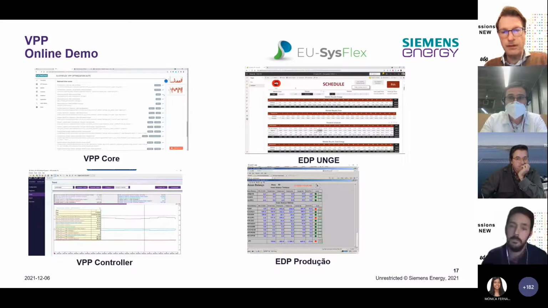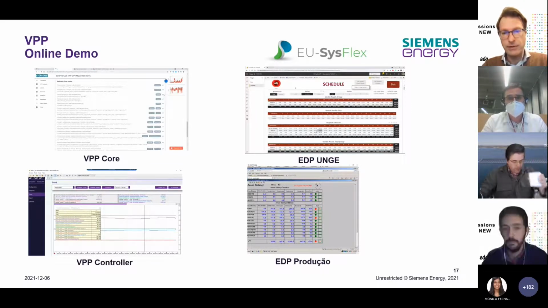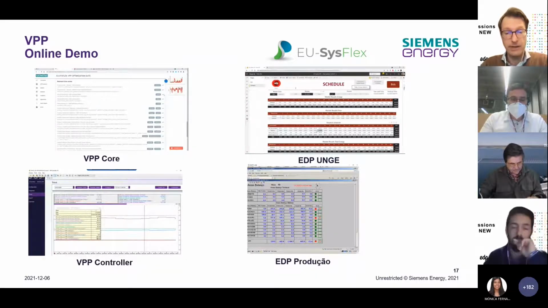On the right-hand side you can see how market bid suggestion and dispatch schedule were implemented and visualized in the corporate network, to be reviewed. And on the automation layer at EDP Portugal, we could see that the VPP has been set up as its own balancing area, and to monitor the deviation from the set points also.